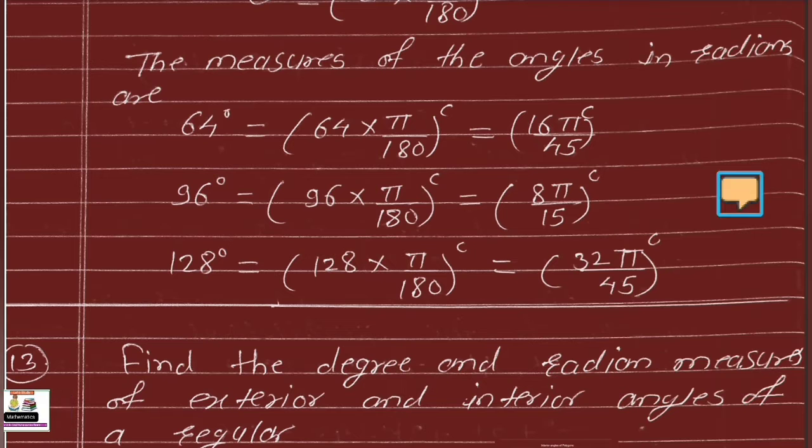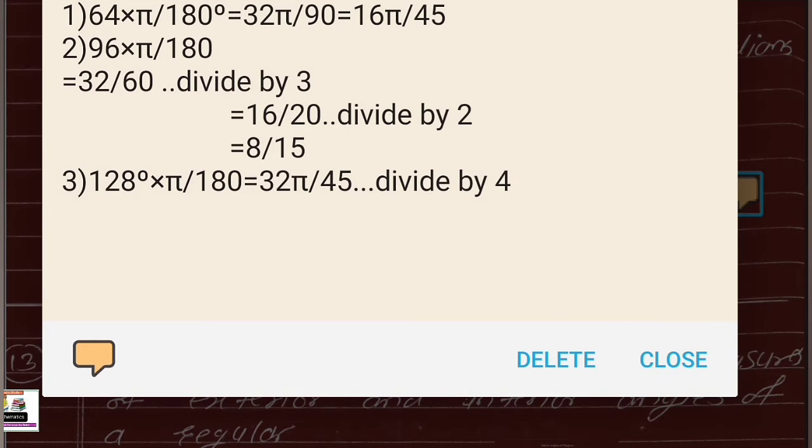See the calculation here. First angle 64 into pi by 180 radians. Then divide by 2, then we get 32 upon 90. Again divide by 2, then we get 16 pi by 45 radians. Second angle is 96 degrees. Convert this into radians. Multiply by pi by 180.